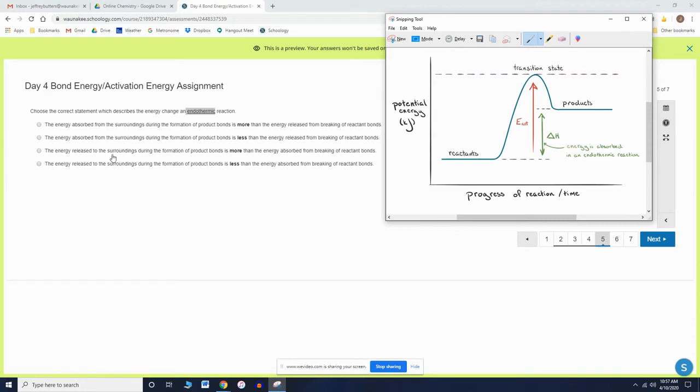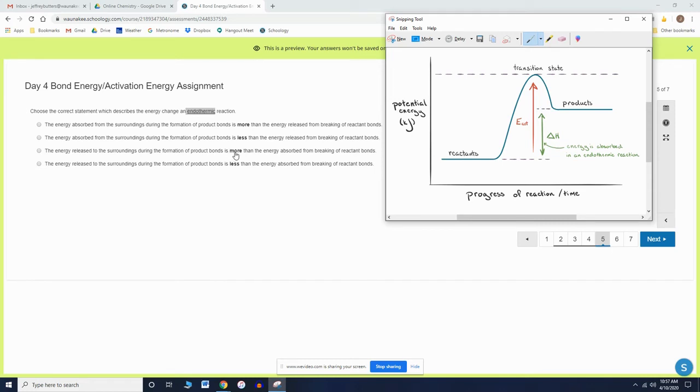Only one of these two options is actually correct for an endothermic reaction. When I read option number 3, the energy released to the surroundings during the formation of product bonds, so that is the downward hill. That's the energy released when products are being formed.